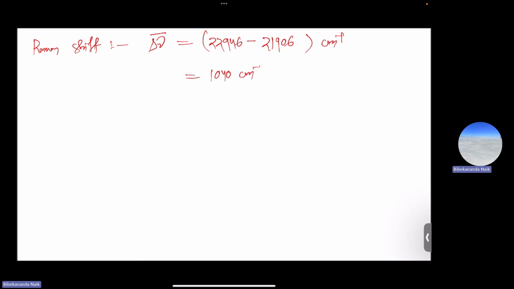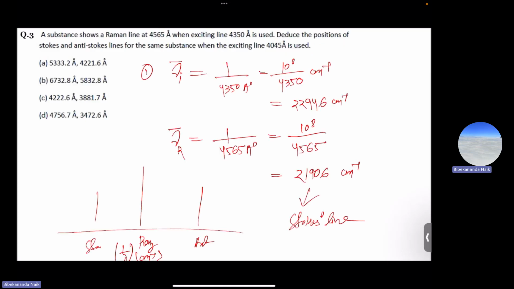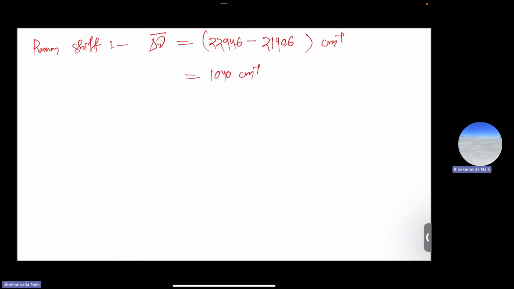Now, this is the Raman shift. Then the question was, if the new exciting line wavelength is 4,045 Armstrong, then what will be the Stokes and anti-Stokes line? So this is the Raman shift we obtained.